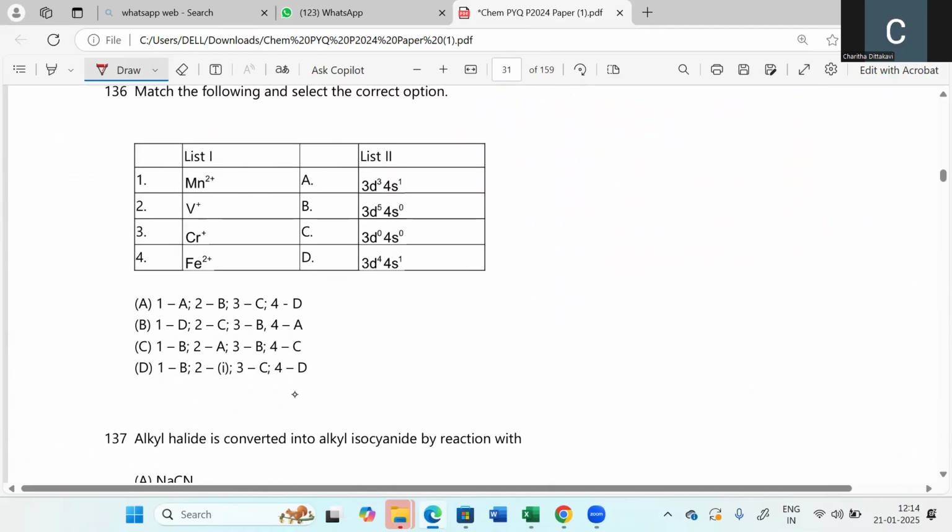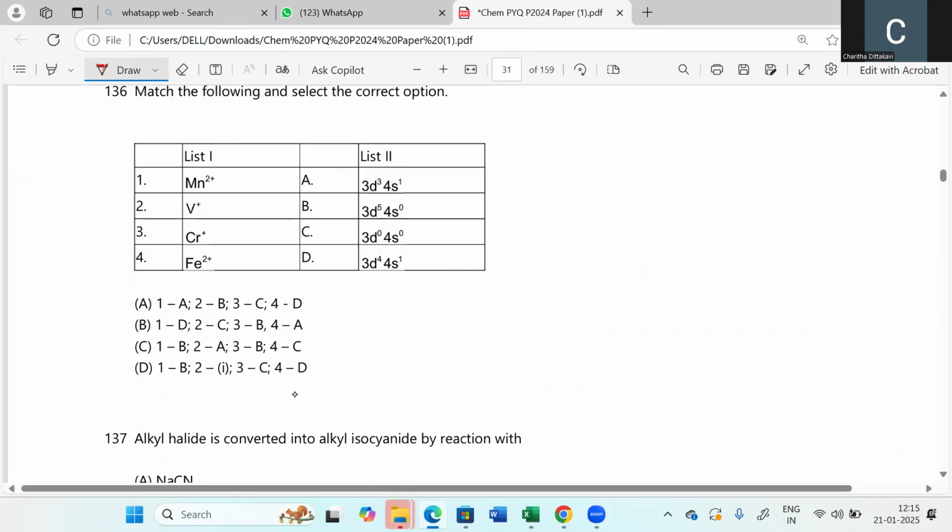Next, match the following options. 136. Manganese +2 is given. Manganese is 25, and +2 means 2 electrons removed, so 23 electrons. You have to show those electrons.